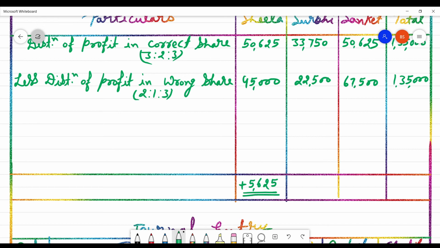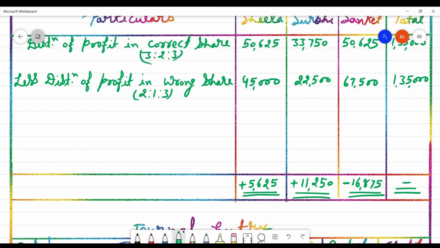After that, 33,750 minus 22,500 comes to plus 11,250, and 50,625 minus 67,500 comes to minus 16,875, and 1,35,000 minus 1,35,000 is dash.